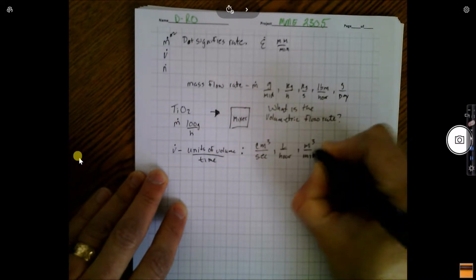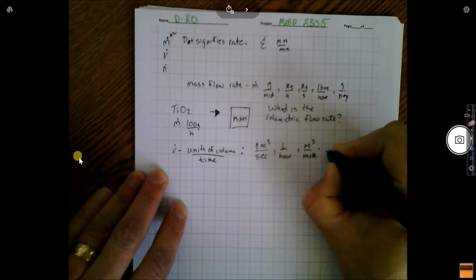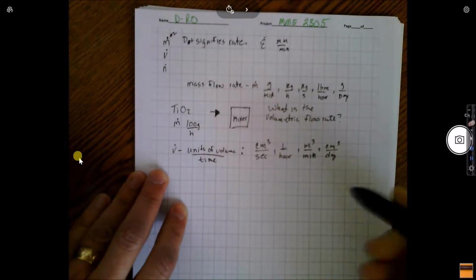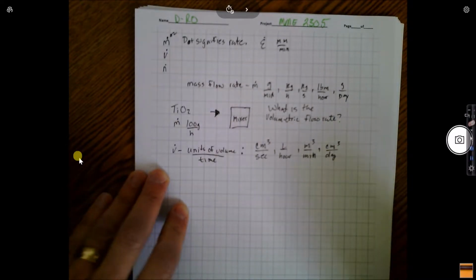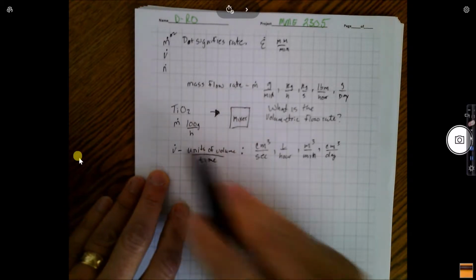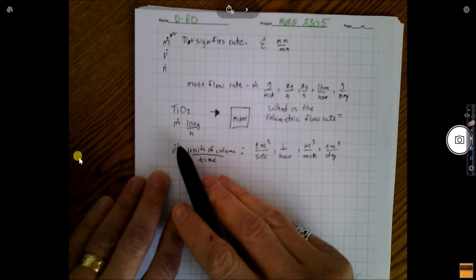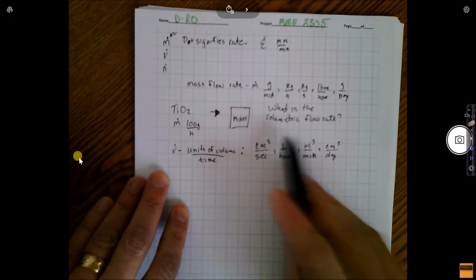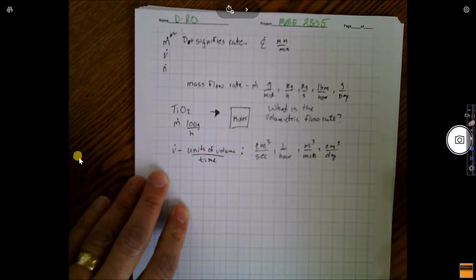We could do centimeters cubed per day. So any unit of volume over unit of time. We want to get from mass flow rate, which is units of mass per unit of time, to volumetric flow rate, which is units of volume over unit of time.